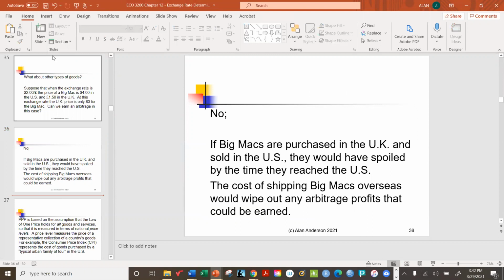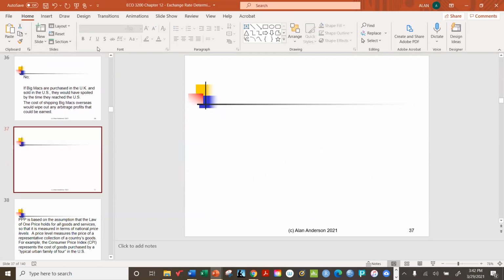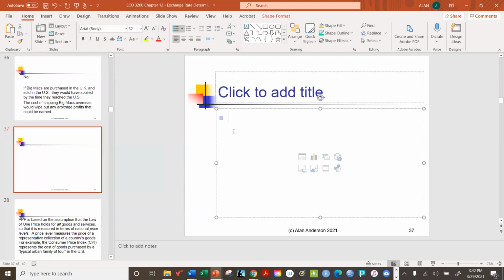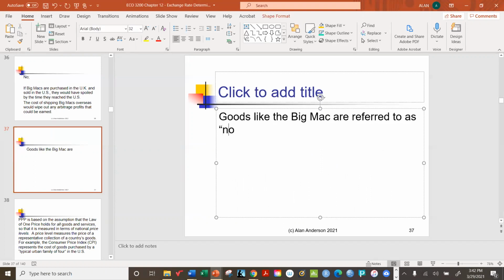So goods like these are referred to as non-traded goods, meaning that we would not normally expect to see them traded back and forth between the two countries.